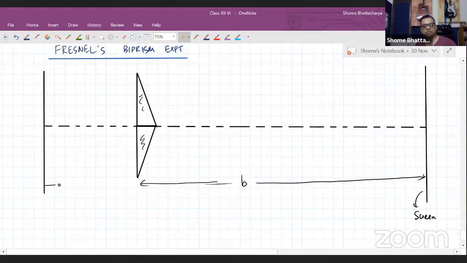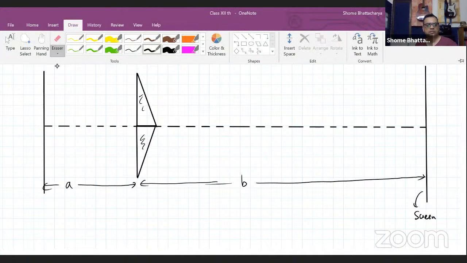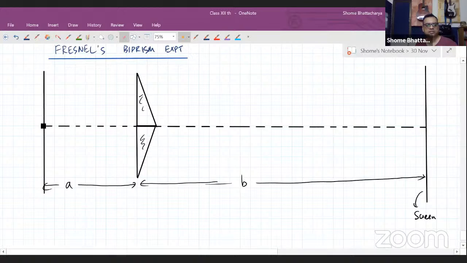This distance is a known quantity, and you of course have a very narrow single slit here.